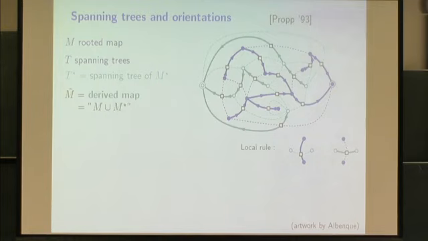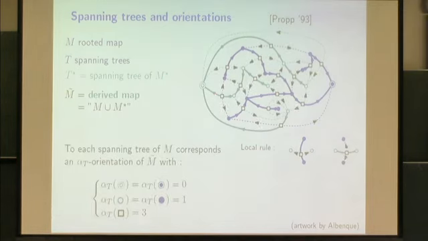And the way you do this is that we already have orientations for the edges that belong to one of the two trees, and then we just need to choose a local rule to orient the remaining edges.